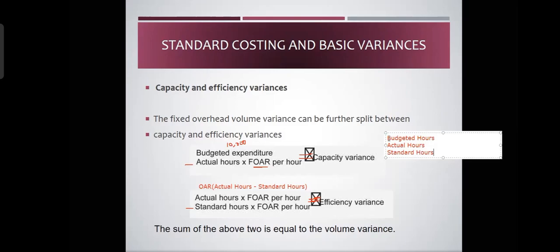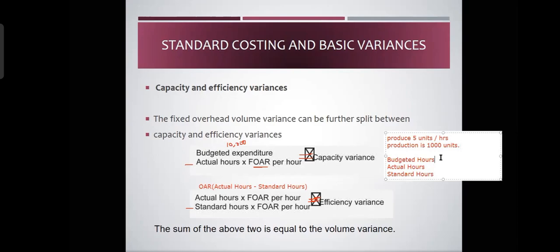Let me create an example. You produce 5 units per hour, and you plan to produce 1,000 units.